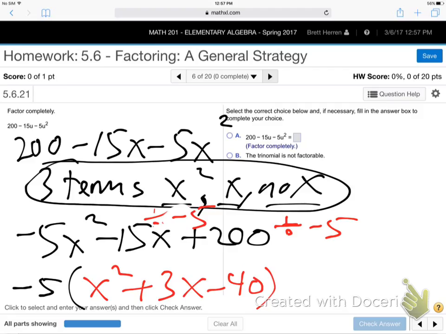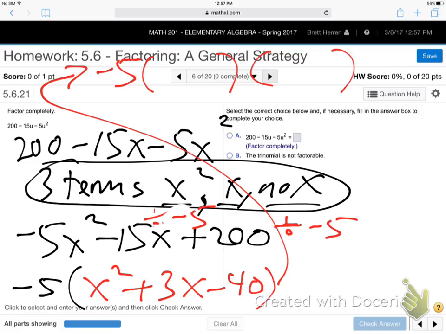We get to there so far? Now there's one more step, isn't there? Everybody good to there? So let me bring it up here. Then that minus 5 stays in the front. Then the 2 parentheses, we're thinking about FOIL.